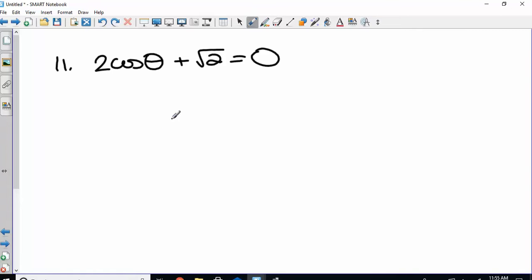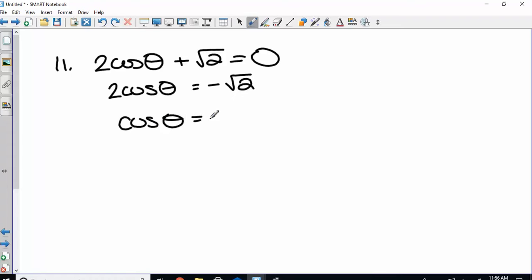So what would we do here? Subtract. Okay, do we have double or triple solutions here or anything like that? Nope, my angle's just a normal theta, so it's just quadrants and reference angles. When is cosine negative?